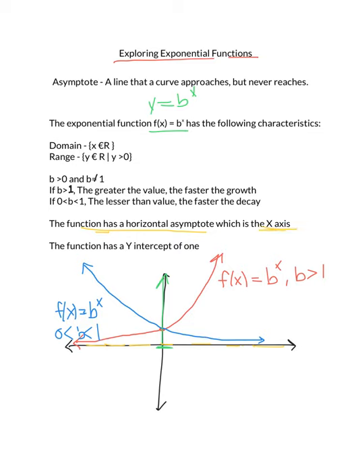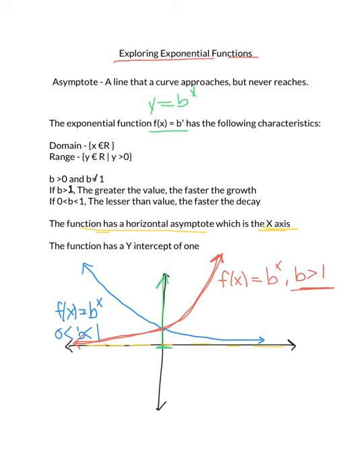The next thing that I am going to be talking about is the actual function itself and how that changes what the graph looks like. So we have two graphs here. Our first graph would be the red graph. This is the graph that starts at the left and slowly goes up to the right. Now, this graph is b to the x, where b is greater than 1.